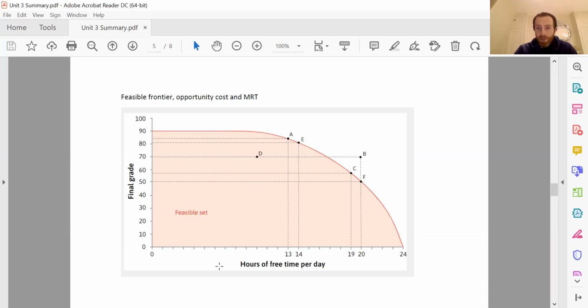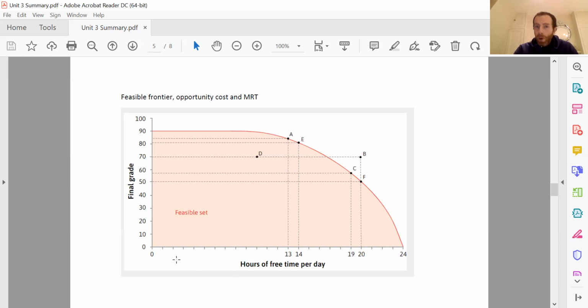And all that we've changed now, is instead of looking at how hours of studying lead to final grade, we just change this to hours of free time. And the reason we do that is because Alexei's preferences are all about grade and free time. So now on this same graph, we can plot both what is possible for Alexei and also his preferences. And we'll see why that's going to be really helpful in a second.